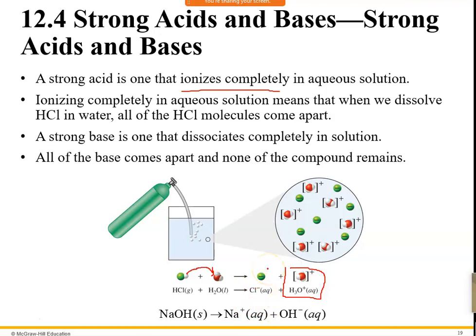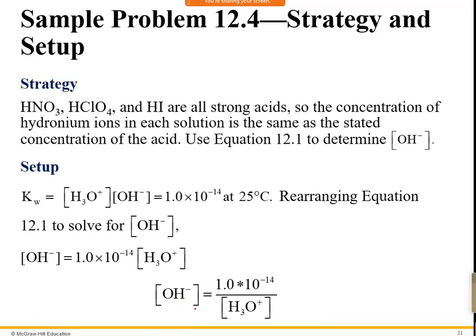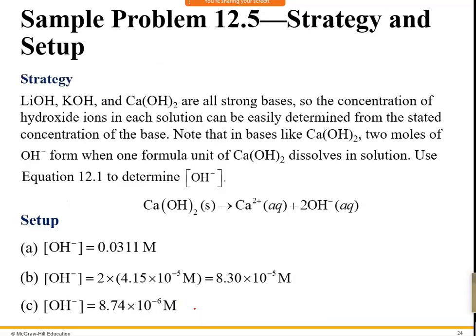Every molecule of HCl that comes out of the tank completely ionizes and forms the ions. With sodium hydroxide, same thing. It's a white solid, and when we throw it in water, it completely ionizes and dissolves. So that's strong acids and bases.